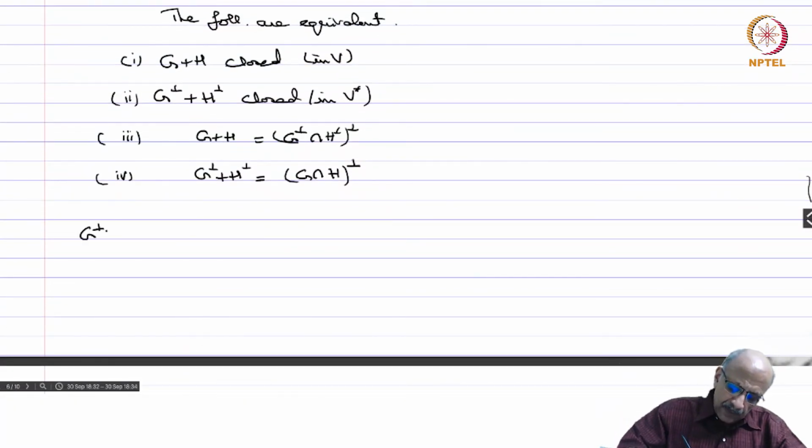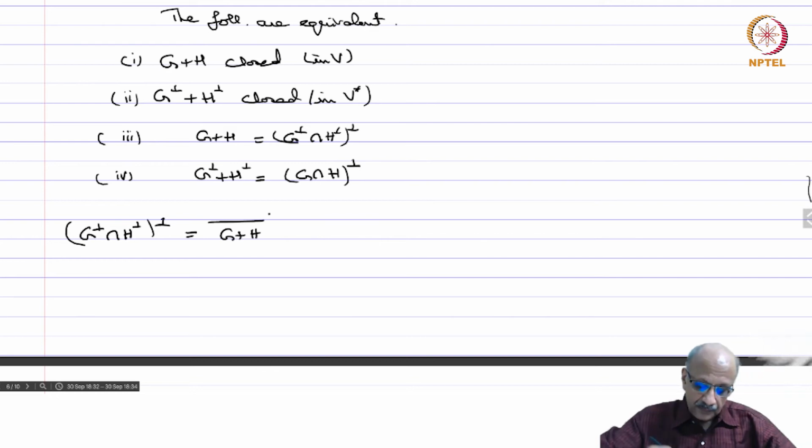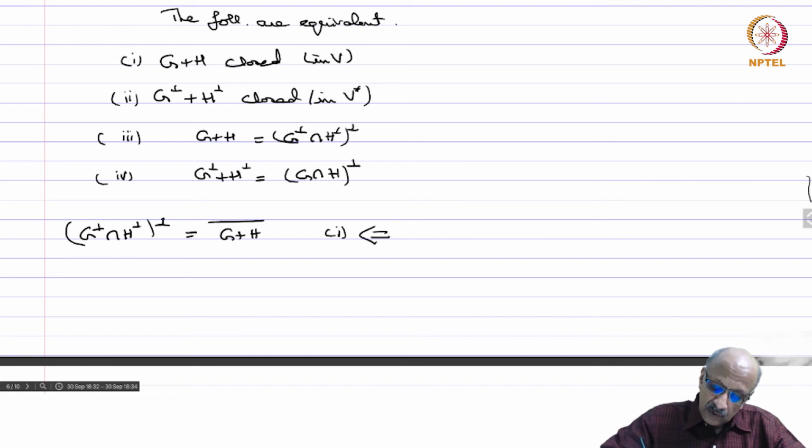So G perp intersection H perp, perp equals G plus H closure. So if G plus H is closed, then this is G plus H and you have this relation, relation 3. Conversely, if you have relation 3, then G plus H closure is G plus H and therefore G plus H is closed. So it is obvious that 1 is equivalent to 3.